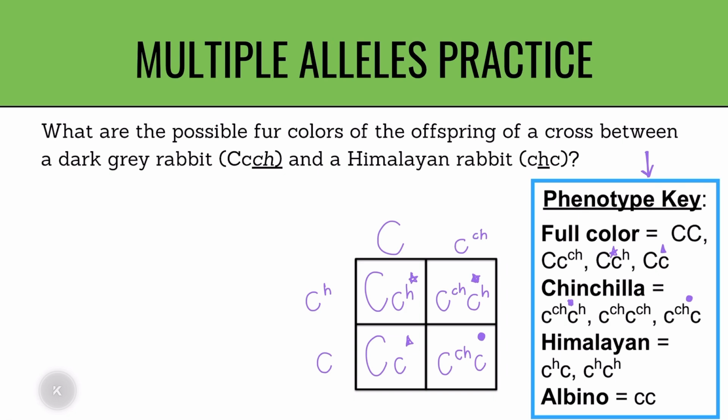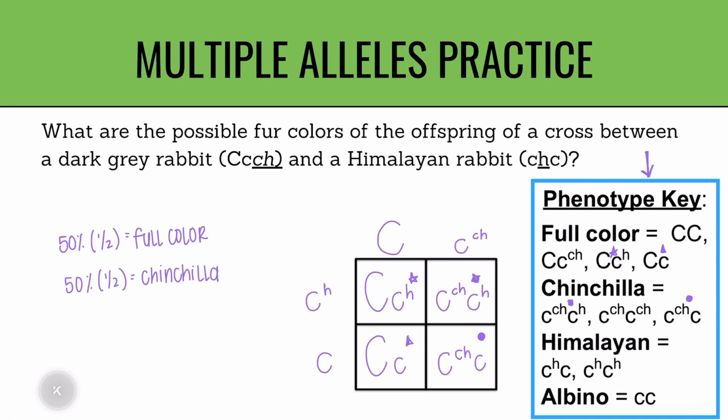So that tells me that I have a 50% or 1/2 chance of having a full color rabbit here, or a 50% chance of having the chinchilla fur rabbit.